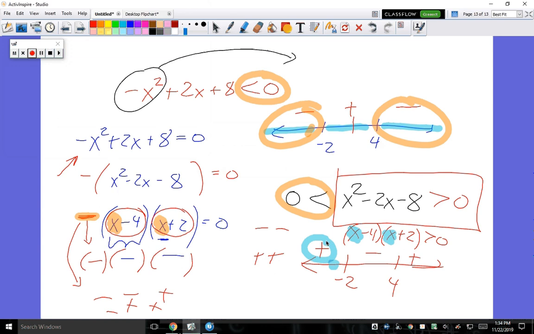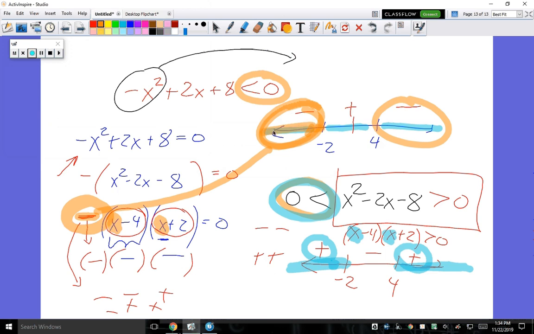You with me? This one is saying, when is it positive? Well, negative infinity to negative 2, and 4 to infinity. Whereas the other one, if I'm not careful, this one was looking for when is it negative? It's still negative infinity to negative 2 and 4 to infinity.